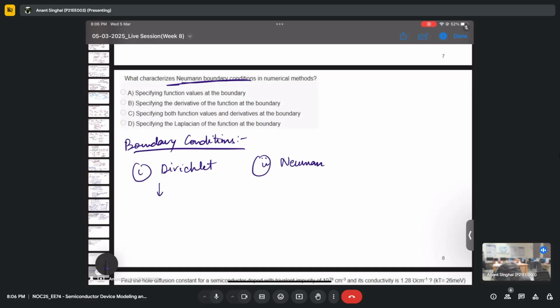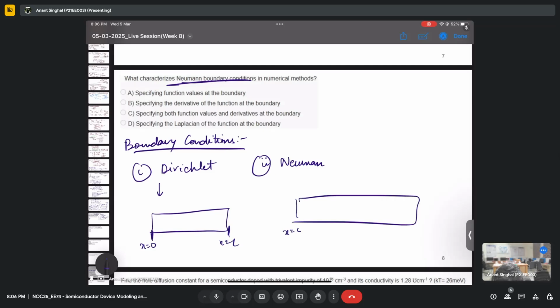In Dirichlet, let's say this is a semiconductor, this is the boundary, x equals 0 and x equals L. We specify the potential, or whatever we want to specify, at the boundaries, like we give some finite value, A at 0 and L. For the Neumann, we give the differentiation of that.